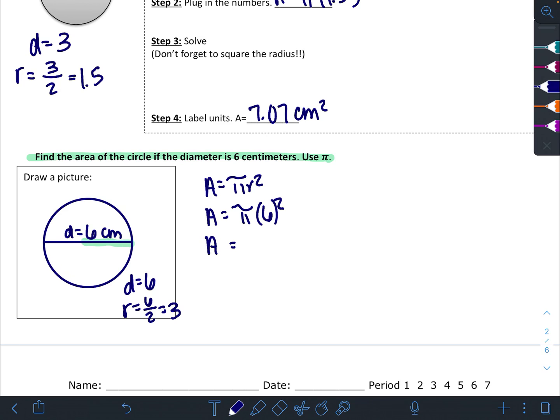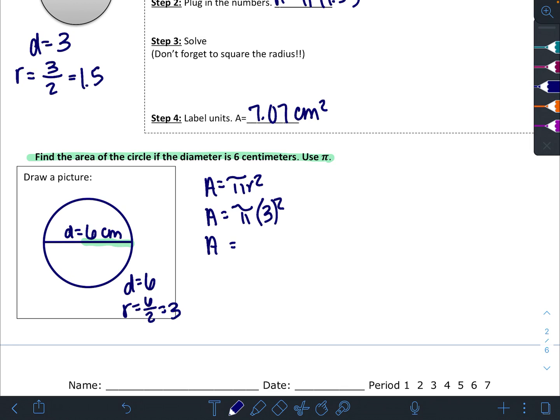And I end up with, oh, I messed up. It's not 6, it should be a 3. See, this is what you have to be super careful about. I just made that mistake of putting the diameter into the formula, and that messes you up because you're not using the correct numbers for the formula. That's going to mess you up for volume, obviously, and surface area when we move to that.